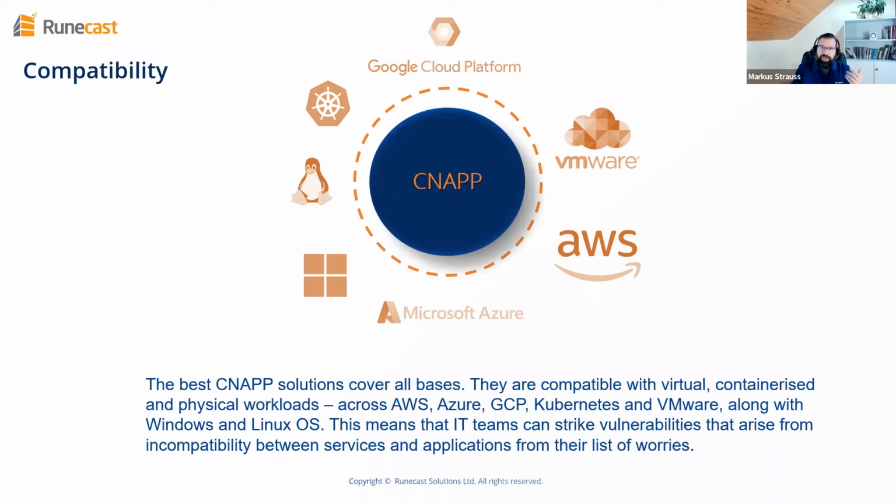Compatibility is really, really important, right? Part of the entire concept of the Cloud Native Application Protection Platform is the fact that it has to be compatible with what we use on-prem, with all of the hyperscalers, with all of the containerized workloads, with all of our general workloads, endpoints, Windows, Linux, right?